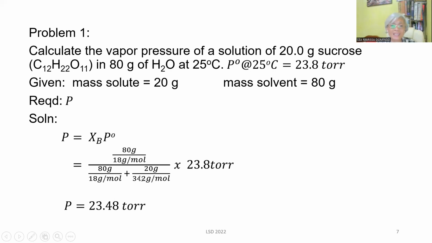So solving for X sub B times 23.8 torr. So the vapor pressure of the solution now is equal to 23.48. No? So bumaba. Ine-expect naman natin yun. Kasi ang vapor pressure ng pure solvent ay 23.8. Yung solution natin ay 23.48. So, sinunod niya yung rules.